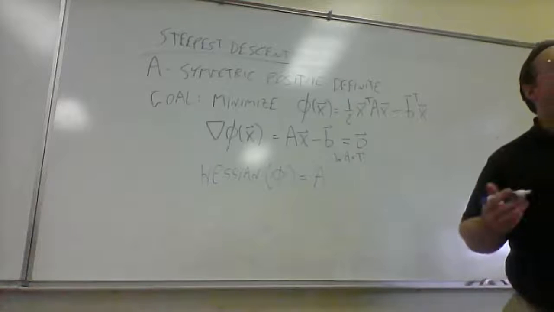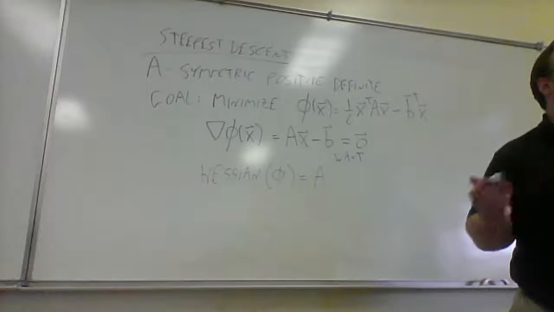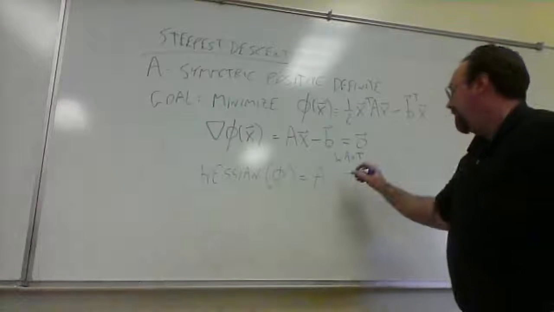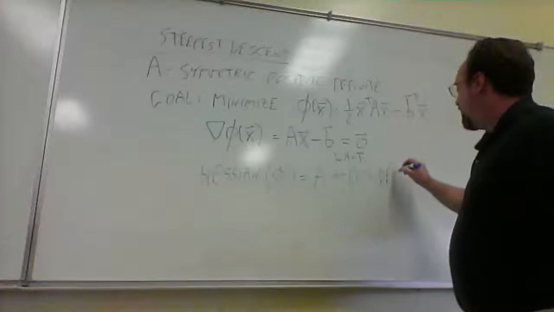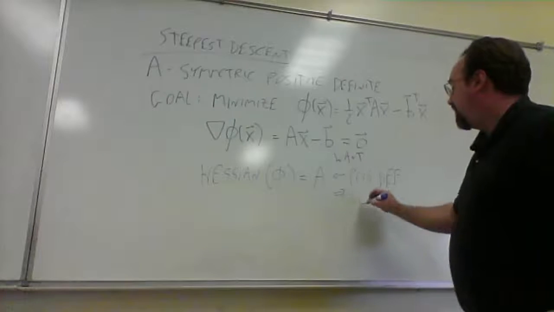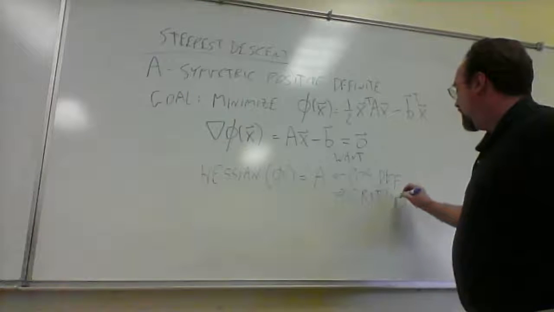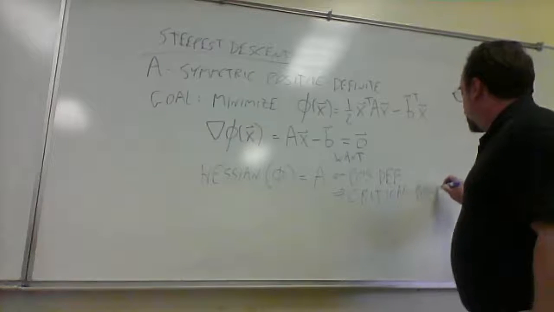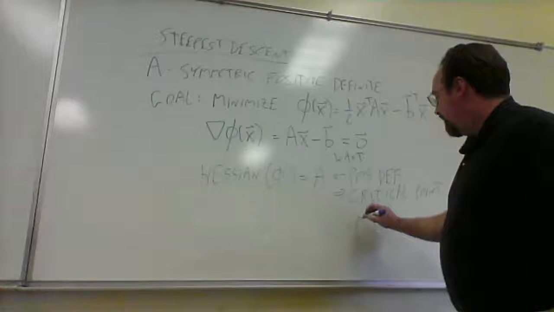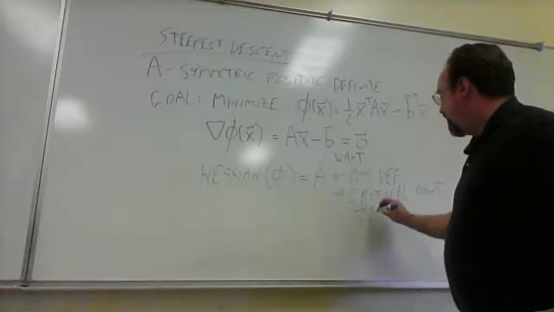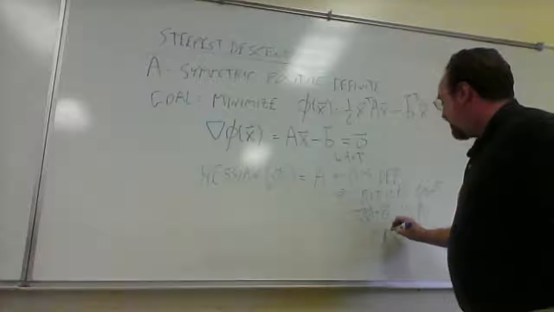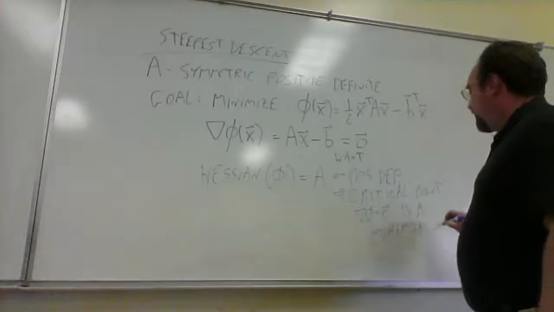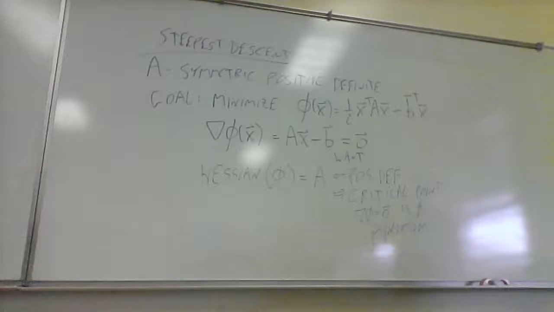And you want the Hessian to be positive definite. It's already guaranteed to be symmetric, and that is positive definite. And that tells you that the critical point where the gradient is 0 actually is a minimum. So that's why we need the assumption of being symmetric positive definite to guarantee that.